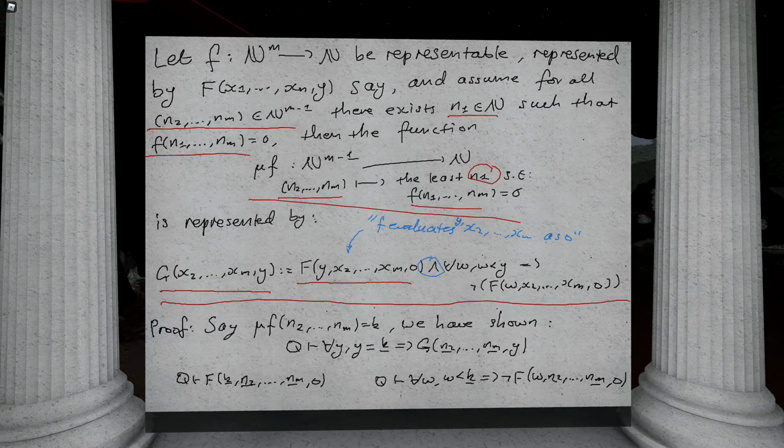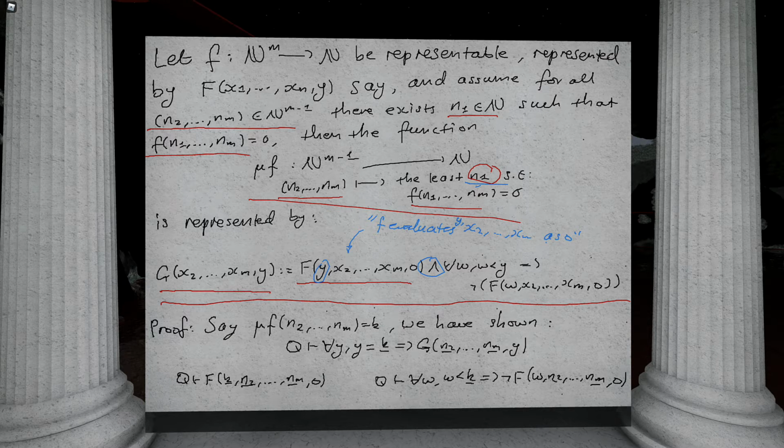And then we're also asking that for all w less than y, it's not the case that f evaluates that tuple to 0. So this is saying that the variable that we look for, y, if such a y exists, is this least n1, such that f of n1 up to nm is equal to 0. Okay, so that's the formula that we claim represents this function mu f.